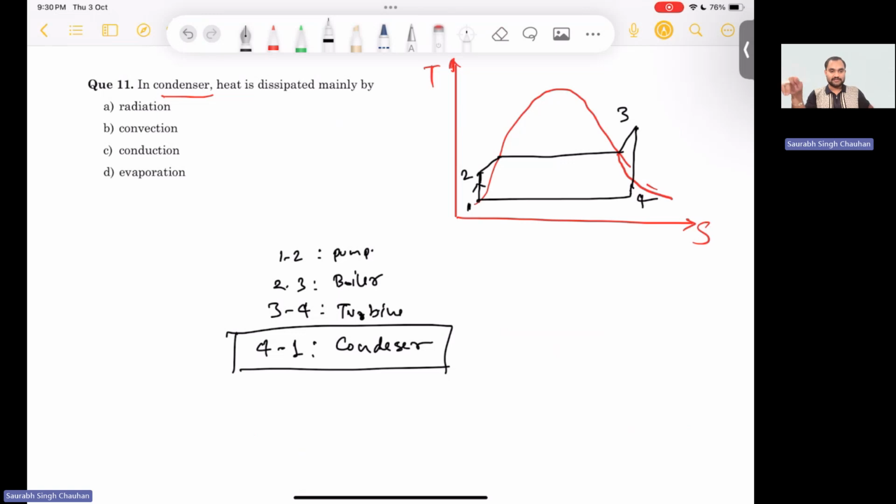And whenever there is some contact, conduction will take place. And if there is some fluid, then there will be convection as well. But the dominant mode of heat transfer in the condenser, that we have to tell.